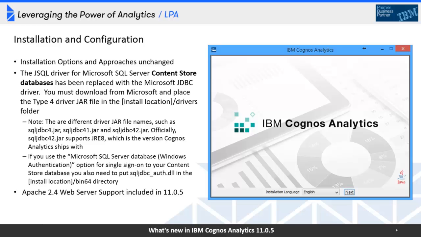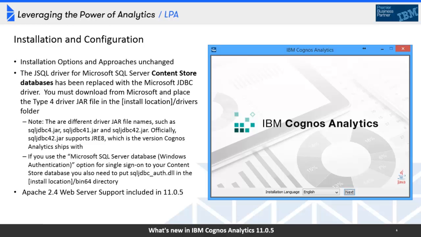Okay. Now, if you connect to the SQL Server content store using the Windows authentication option in the configuration, then in addition to the jar, you will also need the SQL JDBC auth DLL, and that would go into the bin64 directory. Now, don't scramble and take a bunch of notes. All of this, of course, is in the documentation and the installation and configuration guide.